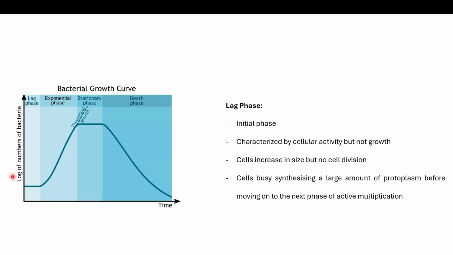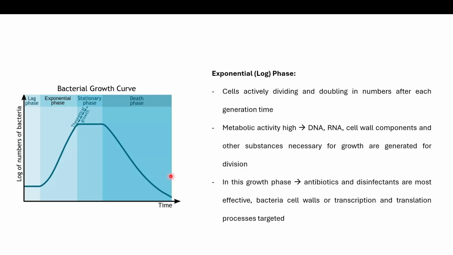Okay, so this is the lag phase, and then you have the exponential phase, also known as the log phase, where cells are actively dividing and doubling in numbers after each generation time. The typical generation time of E. coli, which is most commonly used for laboratory experiments and is a very common model organism, is only 20 minutes.